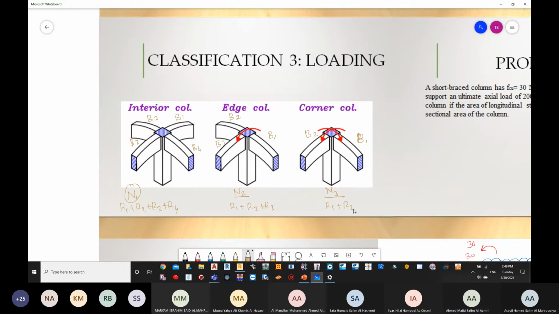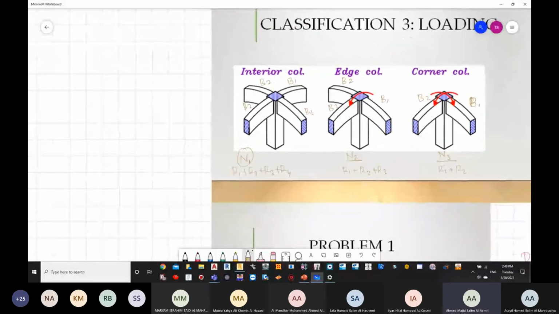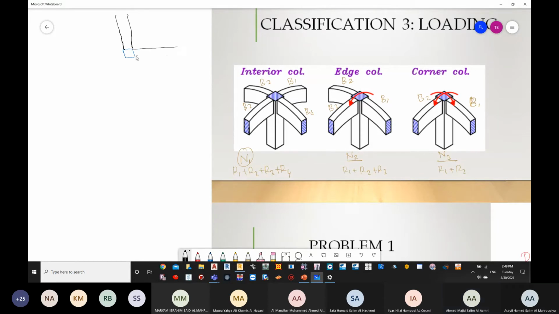Now, if the column is interior, let's just try to draw it here. If I have a column, this column is linked to 4 beams.